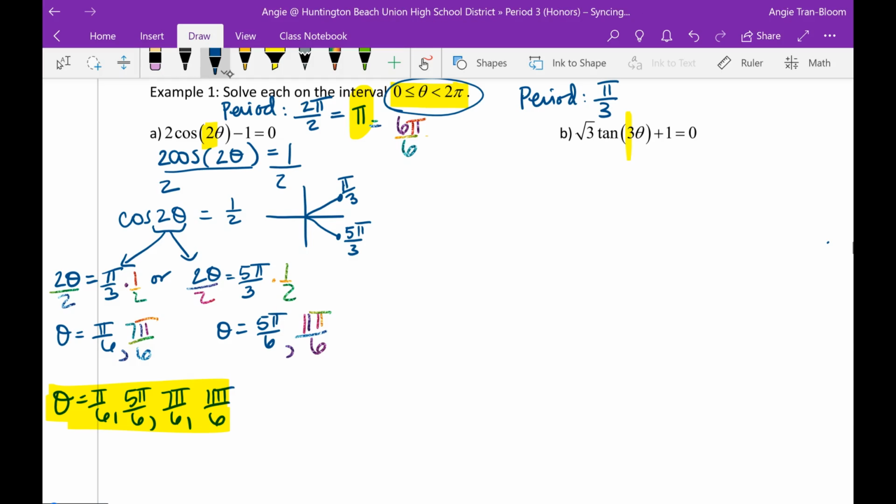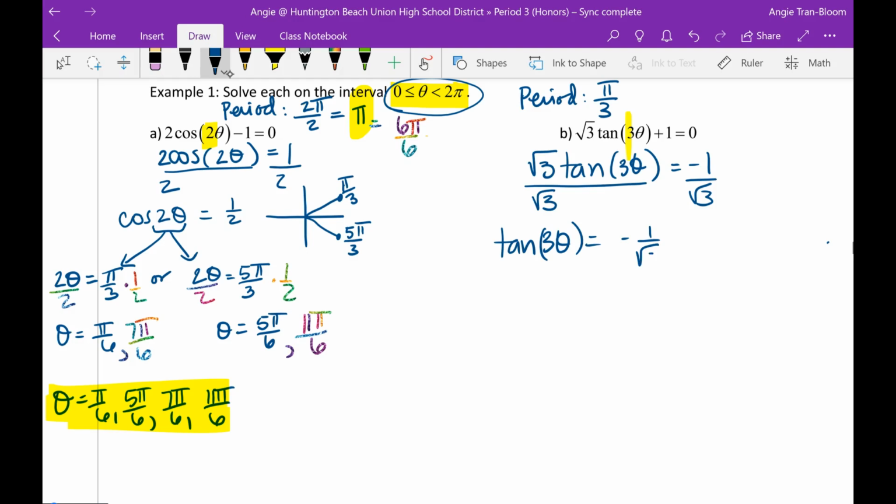Yeah? Okay, tell me what you want to do first to solve for theta on here. Subtract the 1. So now you have radical 3 times tangent of 3 theta equals -1. What's your next move? Divide both sides by rad 3. Then tangent of 3 theta equals -1 over rad 3.